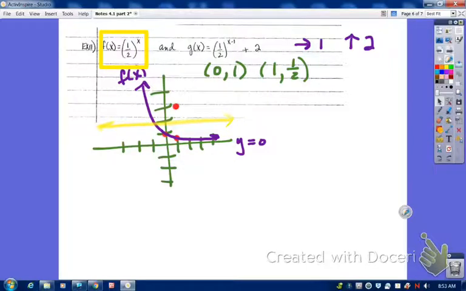And 1, 1/2 to the right 1 and up 2 puts me here. Still a decay, because I've just moved it right and up. And what's the equation of that asymptote? Y equals 2.